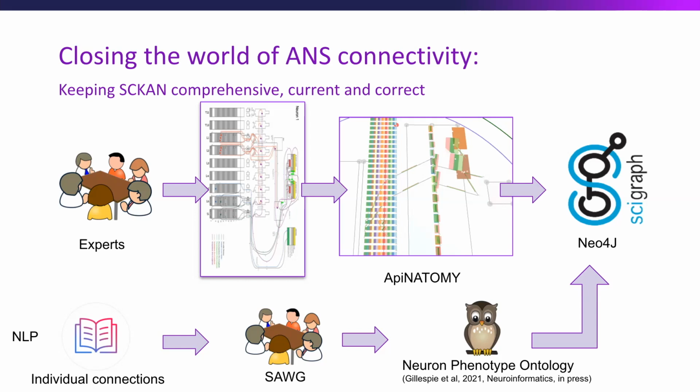These statements, as I'll show you, are then vetted by curators and experts, and they are modeled according to something called the Neuron Phenotype Ontology, which was developed by Tom Gillespie. There is an article in Neuroinformatics, which is in press on this, and also a preprint in bioRxiv. And these also make their way into a common store. So I wanted to spend a few minutes talking about this pipeline because I think it has a very important role to play in SCAN.